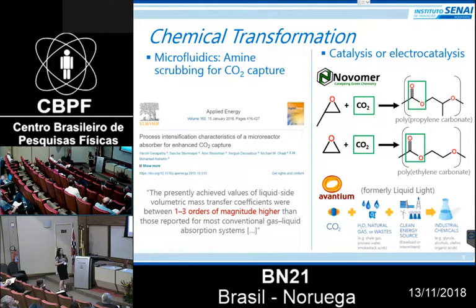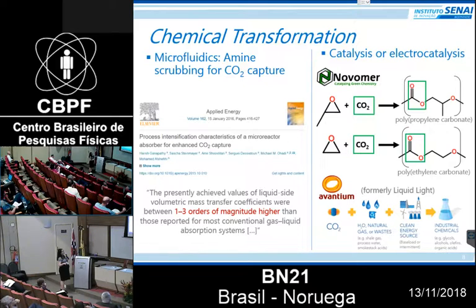Just to give you a sip of what my colleagues that work on chemical transformation can do, I brought some examples. Using microfluidics to do amine scrubbing for CO2 capture, we have seen that microfluidics can increase the mass transfer coefficient, and mass transfer is a problem when you consider using CO2, gas-liquid transfer.